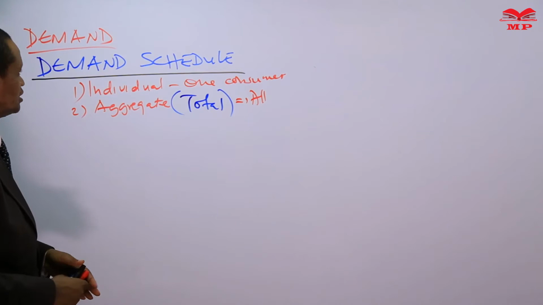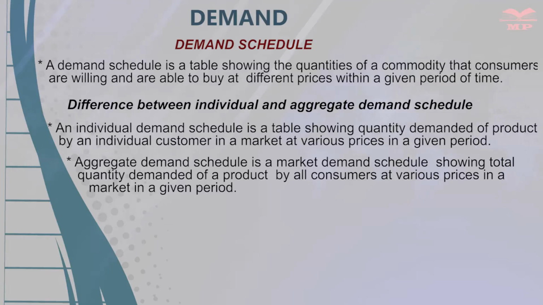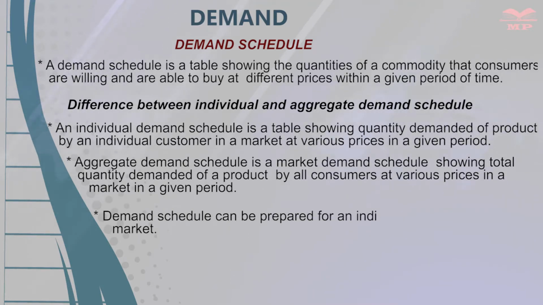So that is what we are going to discuss today, the demand schedule. We have said that a demand schedule can be prepared for an individual or for the entire market.